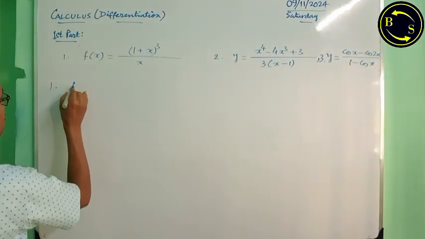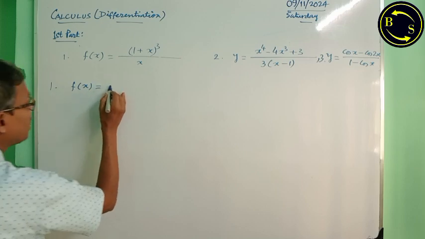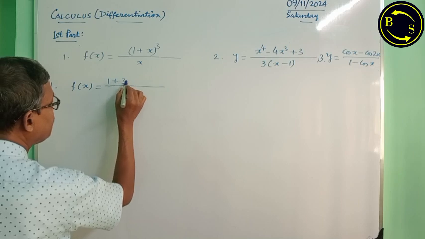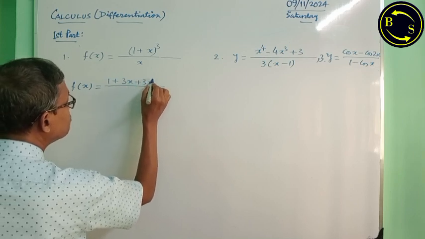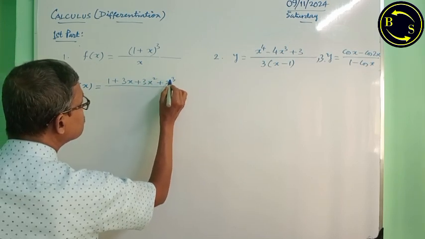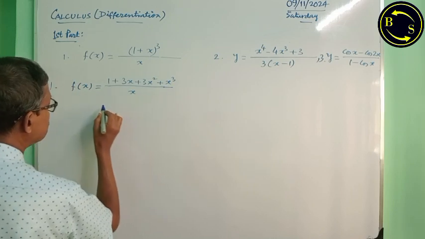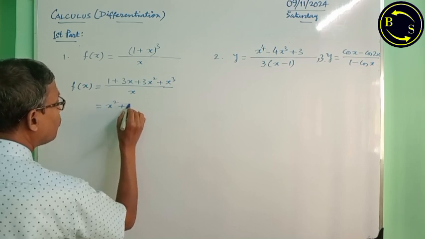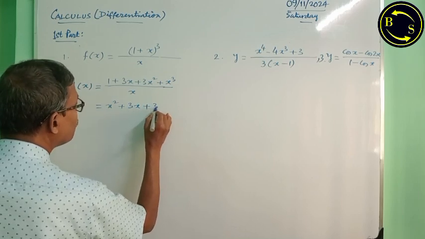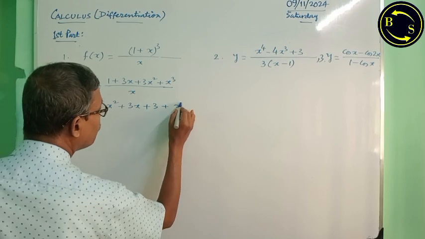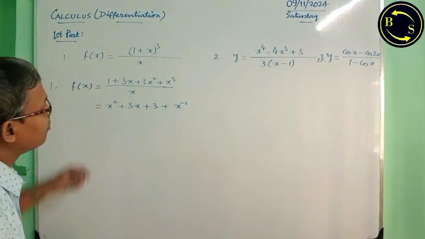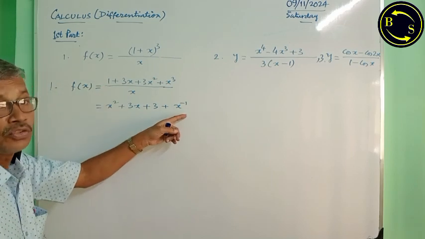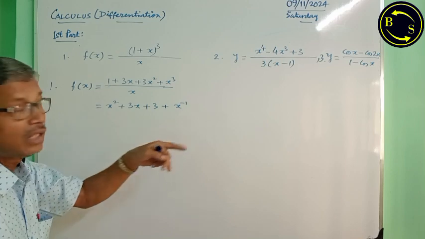Here we find f(x) can be written as (1 plus x) whole cube, that means we can apply the identity after expanding (1 plus x) whole cube. I have divided the whole by x and get this one. The simplified form is this one.